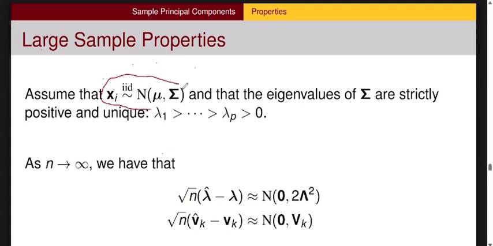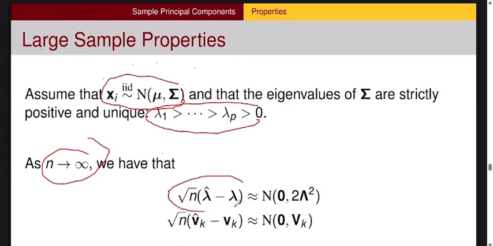When the features follow a normal distribution and we're able to have eigenvalues, which are the variances of the principal components, as n tends to infinity, do you see this guy? This guy actually means the estimate of the eigenvalue minus the mean, divided by 1 over square root of n.